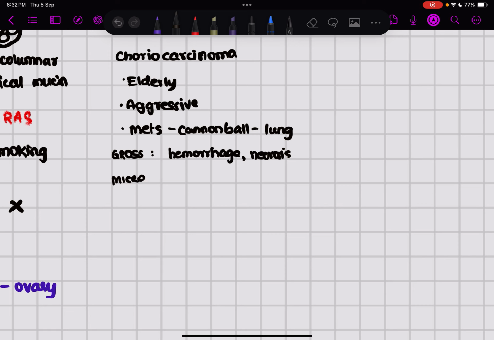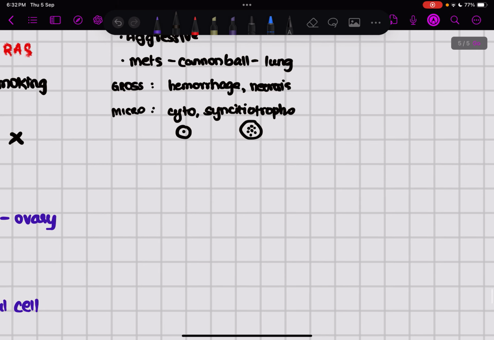Microscopy shows cytotrophoblast and syncytiotrophoblast. Cytotrophoblast is uninucleated, whereas syncytiotrophoblast is multinucleated like a giant cell, and no villi are present, which differentiates it from the actual placenta. Immunohistochemical marker: beta HCG positive.